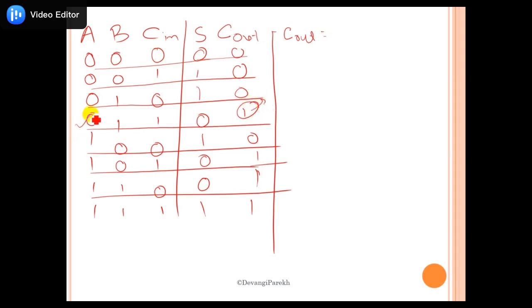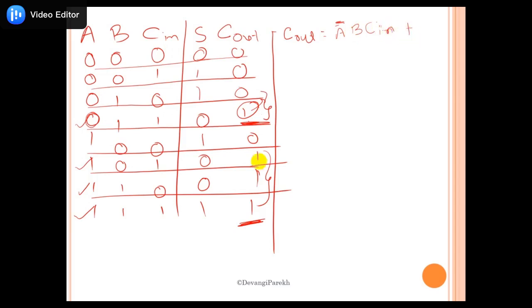So in this condition, in this condition, and in this condition, C out is producing the output high. So for this condition, A is 0, B is 1 and C is again 1. So the expression is A bar, because A is 0 as an input, so we have to write the bar, B and C is 1, so A bar, B, C in.